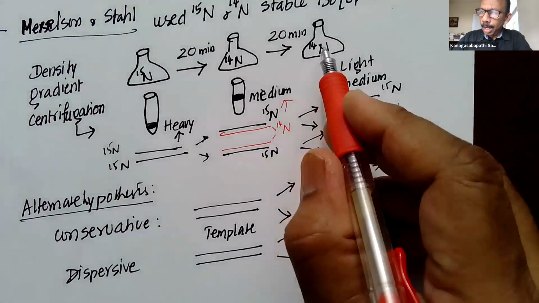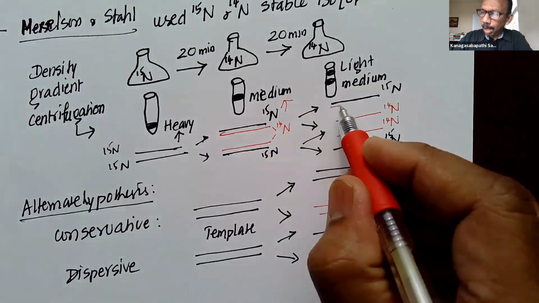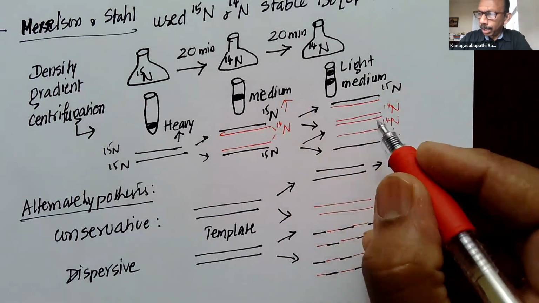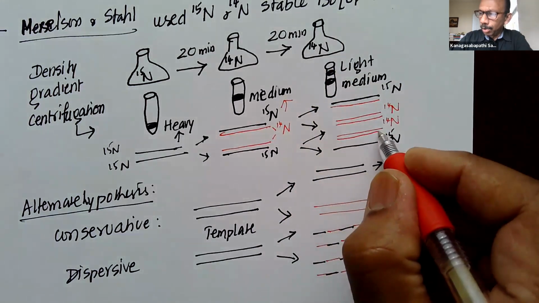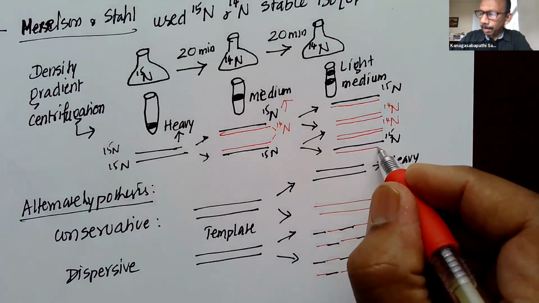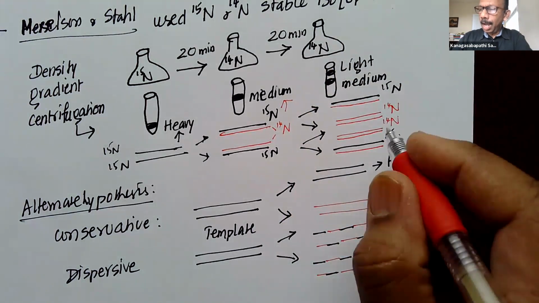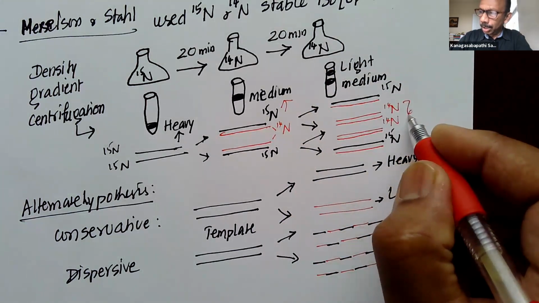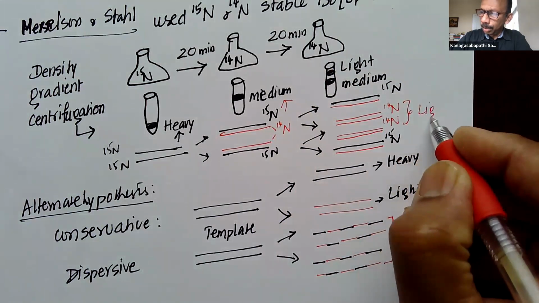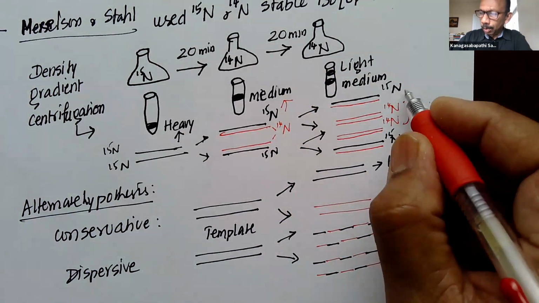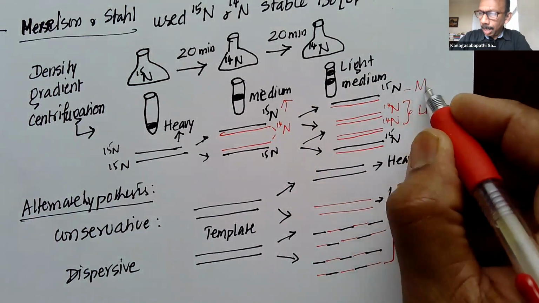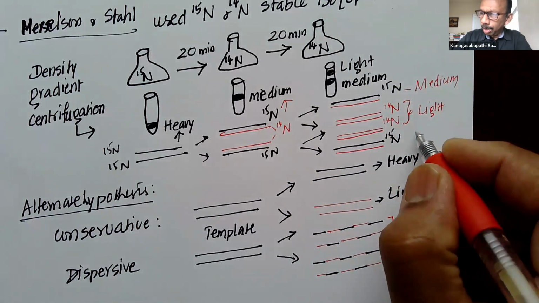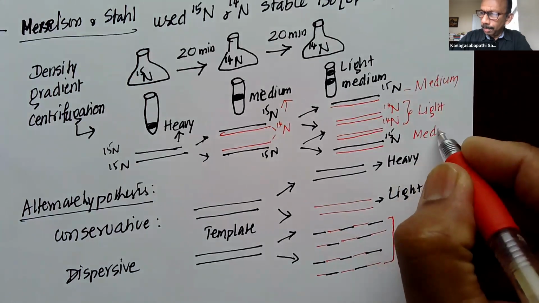When you grow in N14, this will have N14 DNA incorporated, N14, and N14. So when you have all these combinations here, this too contributes to the light band. This one contributes to the medium density band. And so this contributes to a medium density band. Okay.